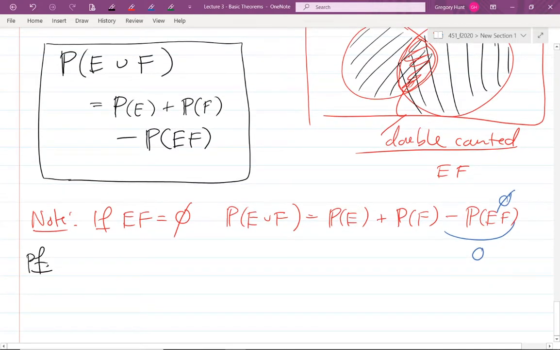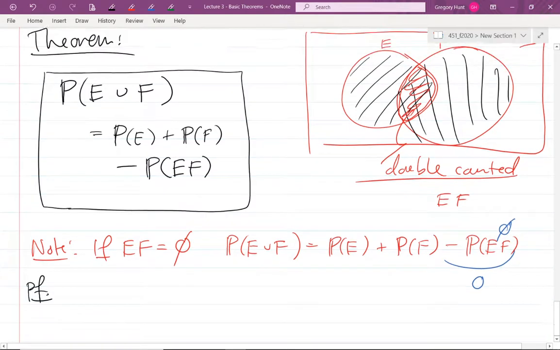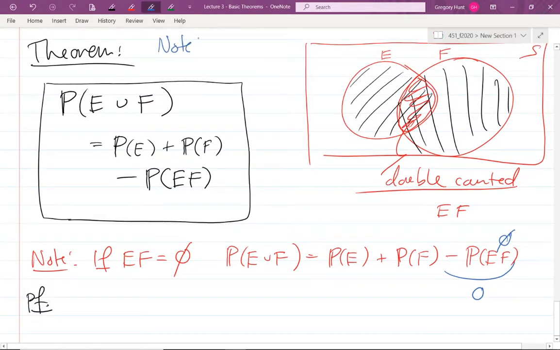This is a generalization, in some ways, of that third axiom of additivity, of countable additivity, or finite additivity. And it generalizes the case, so we'll just write here E and F in this general case, as we said in the theorem, don't need to be disjoint. That's a nice little generalization of that.